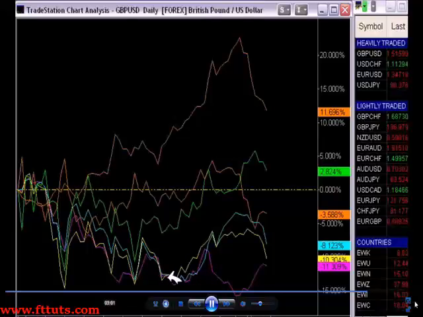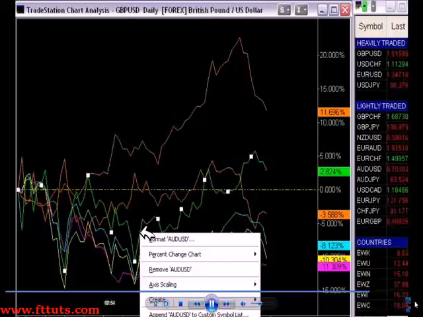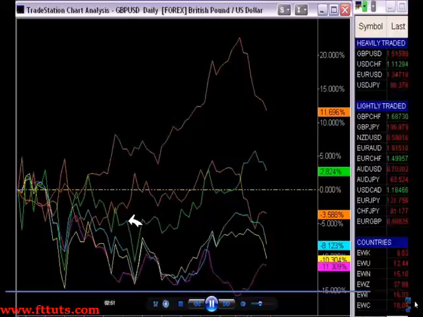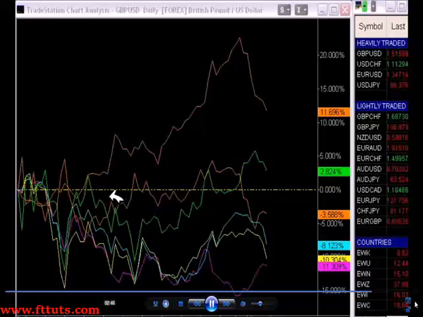Okay, so again, here's a good example with this green one. What is this? This is Aussie dollar. We've got a trend line break, kind of going sideways here, and finally we break up here.